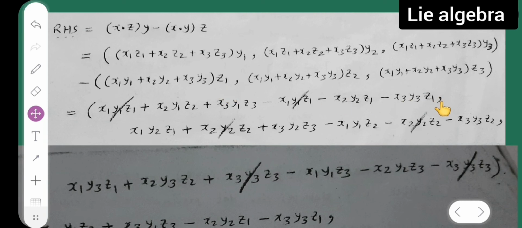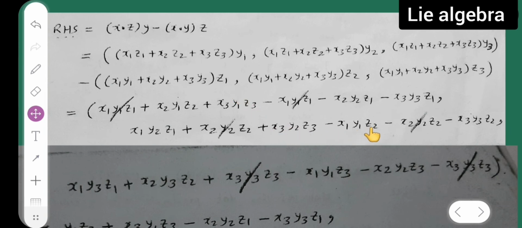Then put a comma, then take the next part. Take this part, multiply this inside, and this minus is from where you have taken this part. Sorry, minus x1, this minus will be for this one also.